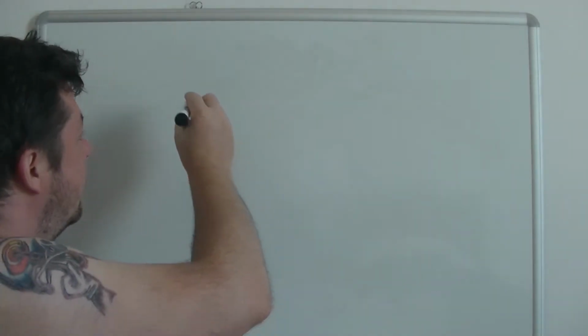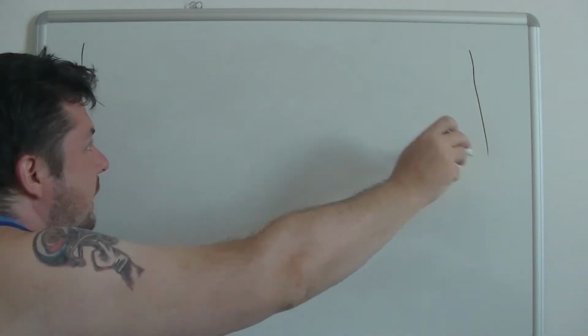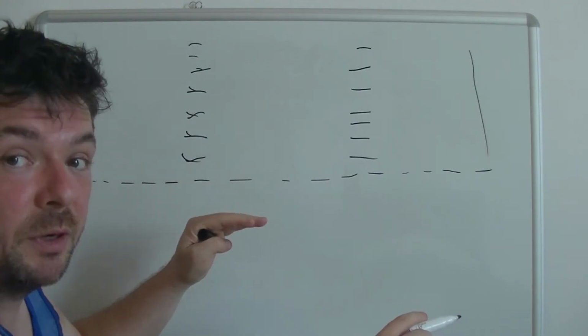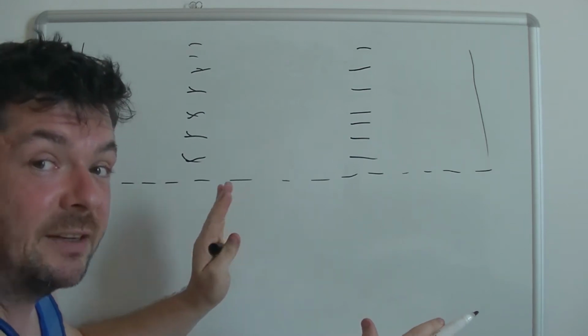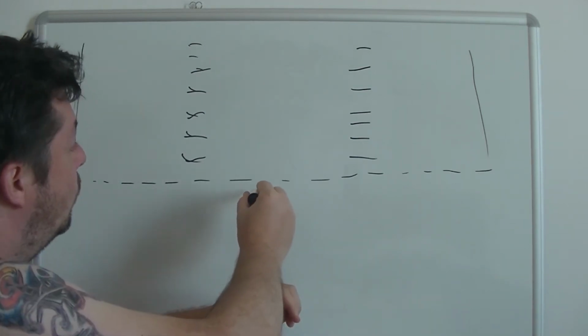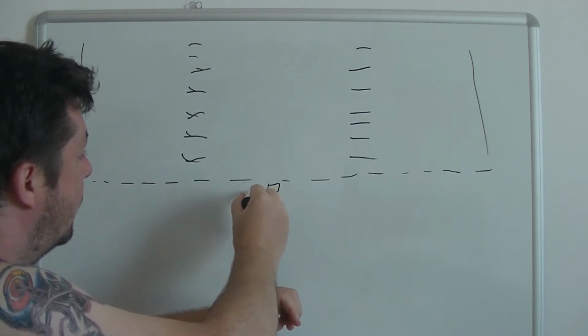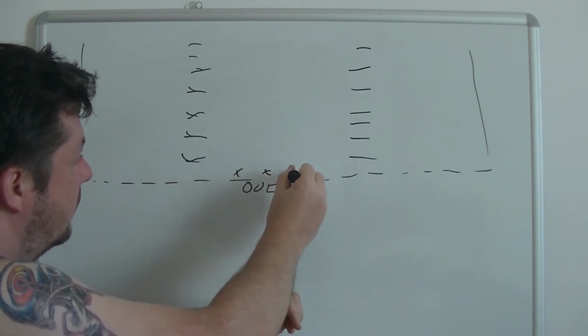So when we've got a field, we have a sideline, these things called hashes. At any given point in the field, depending on where the play is starting, it is called the line of scrimmage. And the offense will line up on this side of the ball, and the defense will line up on this side of the ball.